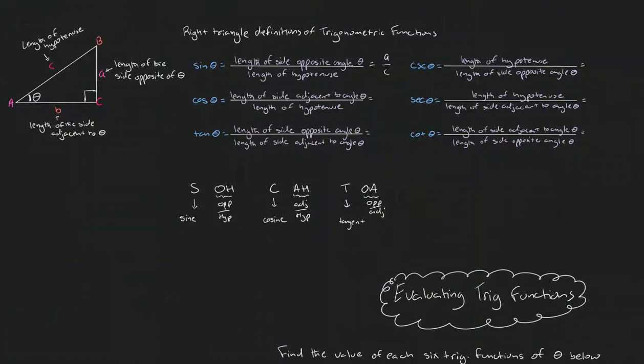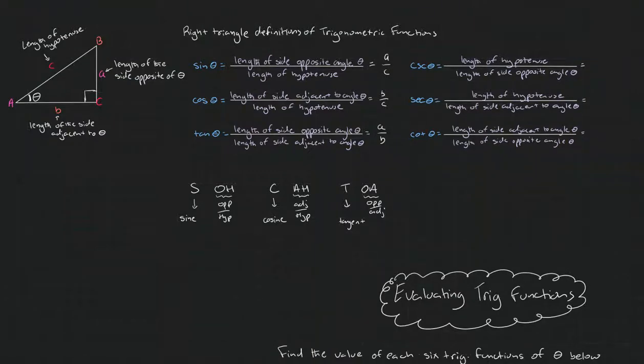Cosine, from the same perspective of this angle theta, is always the length of the side adjacent to the angle, which is B, over the hypotenuse, which is C. And then tangent is the length of the side opposite of the angle theta, in this case A, over adjacent, which is B. These are based off where theta is, and they can always change.